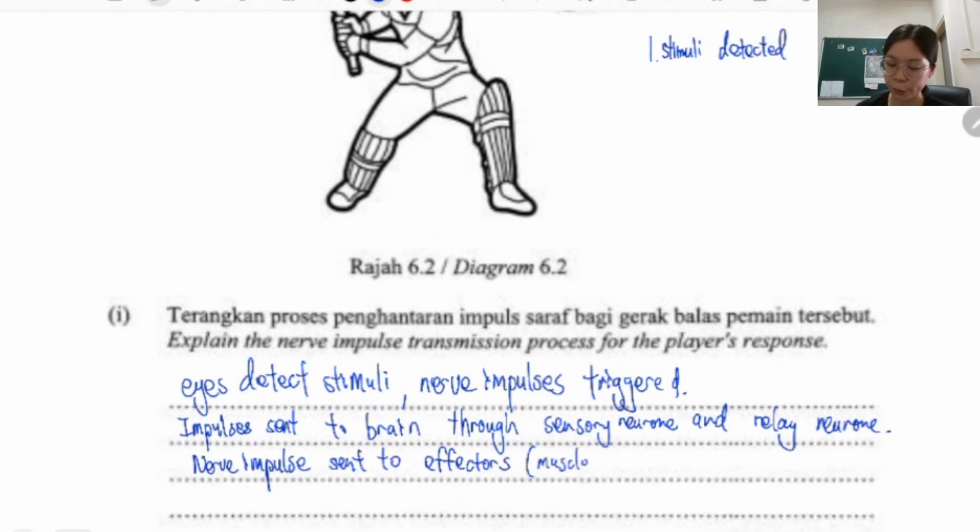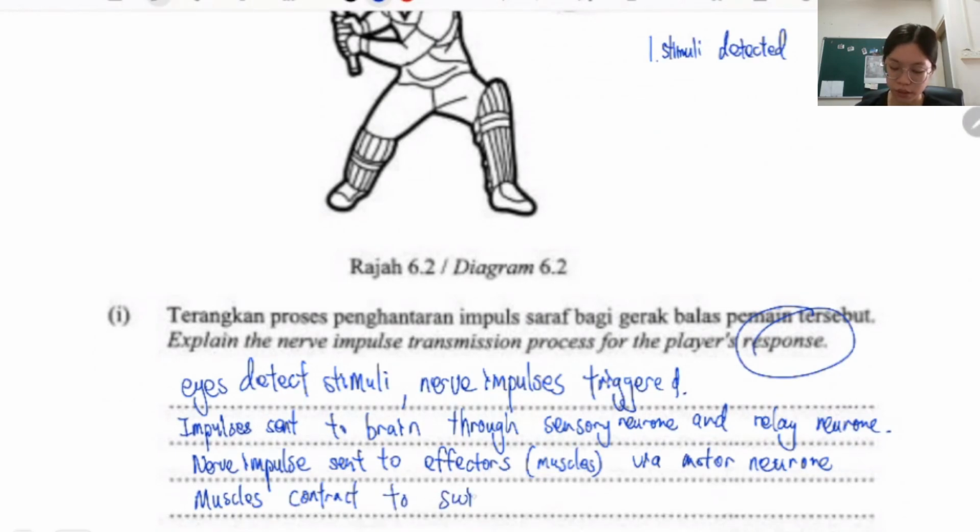So using what neuron? Motor neuron. And then you mention what is the response? The muscle contracts and relaxes, maybe to swing the bat.